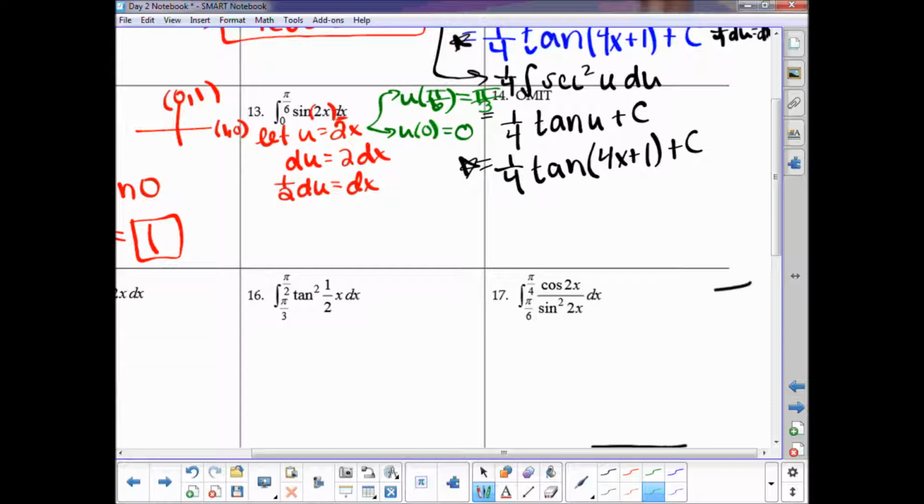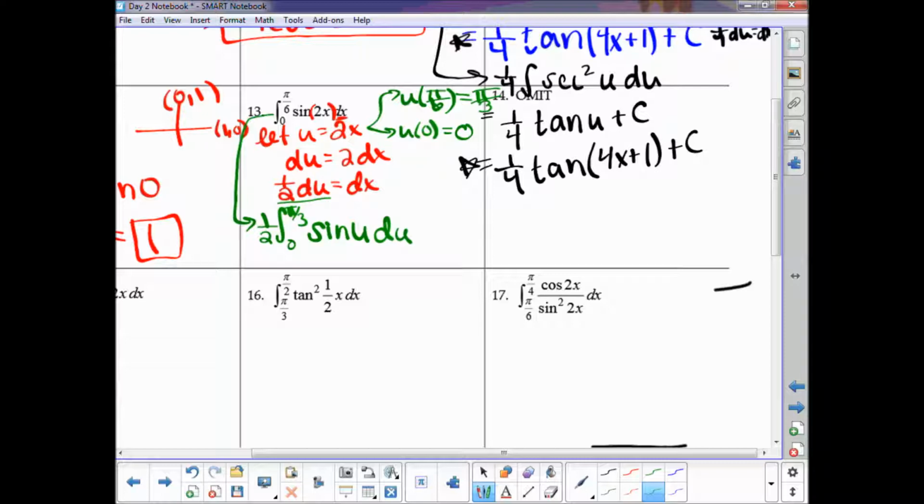Alright, so let's rewrite this. So we have the integral, going from now 0 to pi over 3, sine of u, and dx is 1/2 du, so I'm going to bring that 1/2 to the front, du.